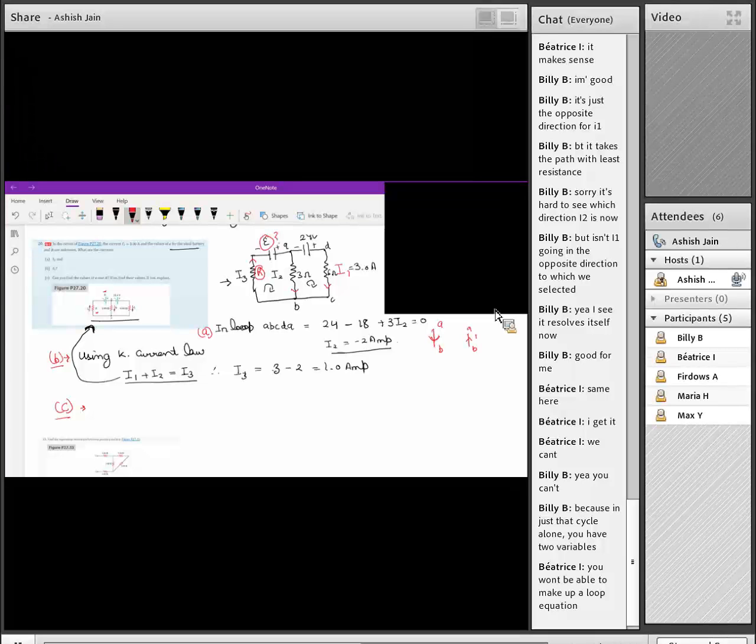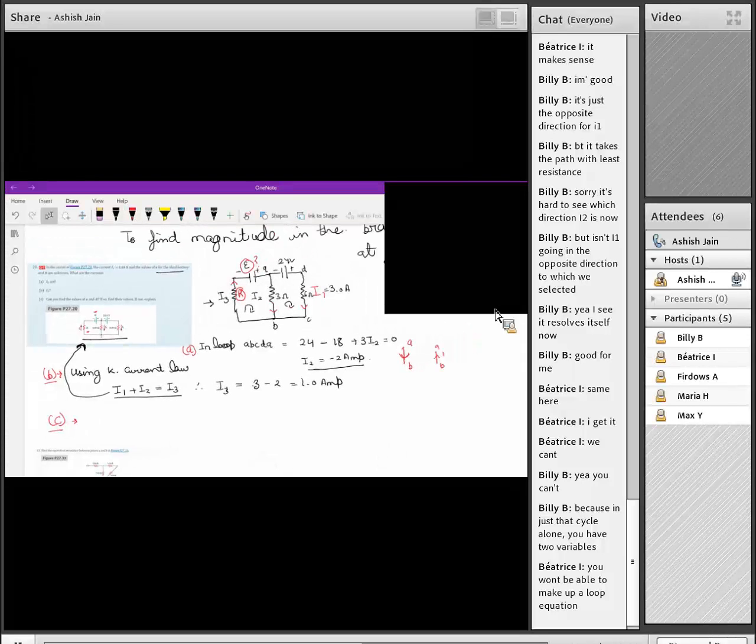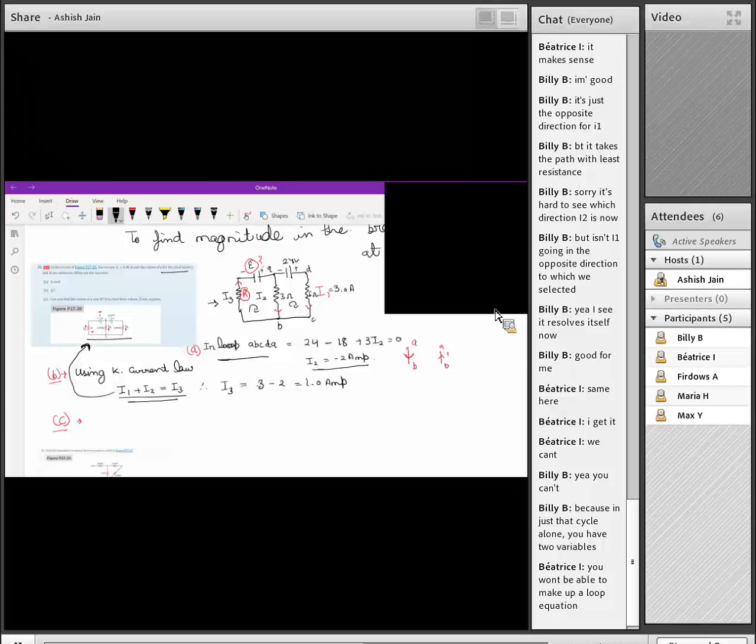Because in just that cycle alone, you have two variables. You won't be able to make up a loop equation. Yeah, the answer is kind of like that, partially yes. In the two equations we did, in loop 1 and using Kirchhoff's current law, we don't have any unknowns there. The only loop left is this one, let's say loop number 2.